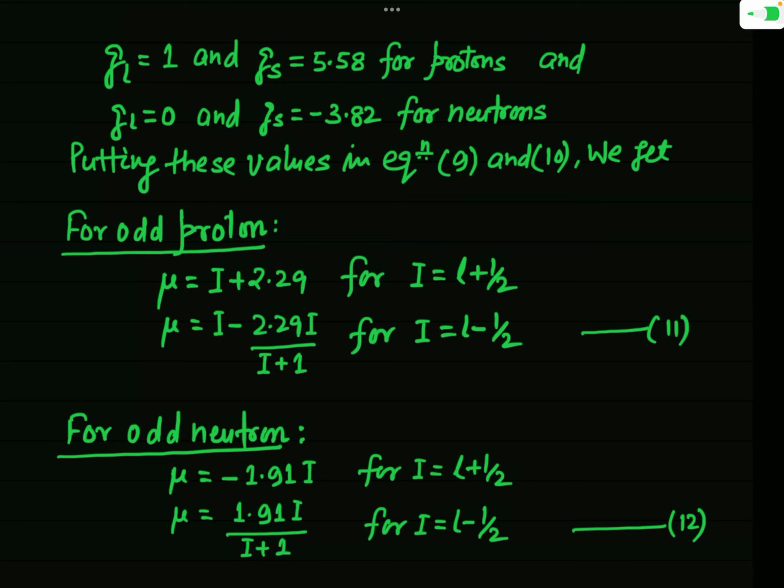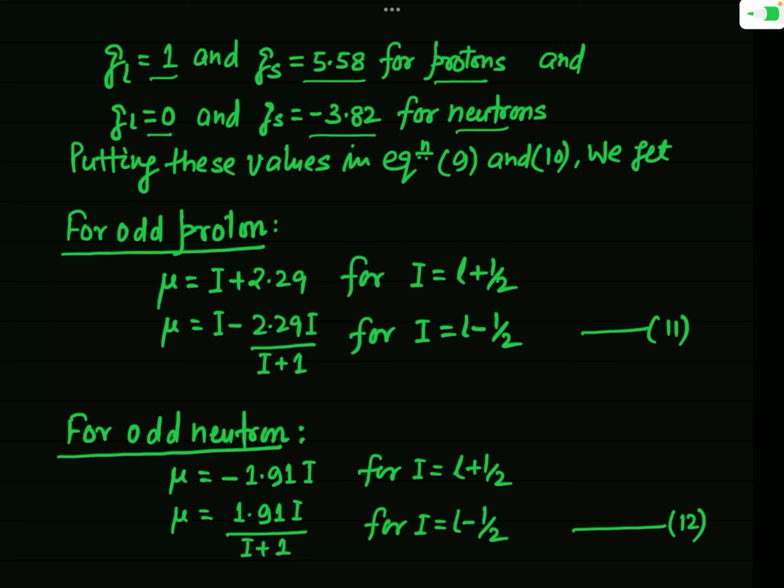For protons, it is found from experiment that GL is equal to 1 and GS is equal to 5.58. You have to remember these values. Okay, these are actually experimental values. And for neutrons, it is found that GL is equal to 0 and GS is equal to minus 3.82.